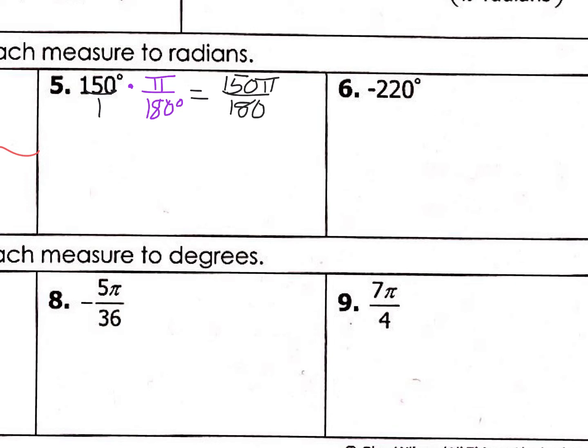And if you reduce it or put it into your calculator and hit math enter enter, remember you don't put the pi part in the calculator, just 150 divided by 180, you will get 5, and you got to put pi back in the numerator, 5 pi over 6, and technically its unit of measure is rad, which means radians.